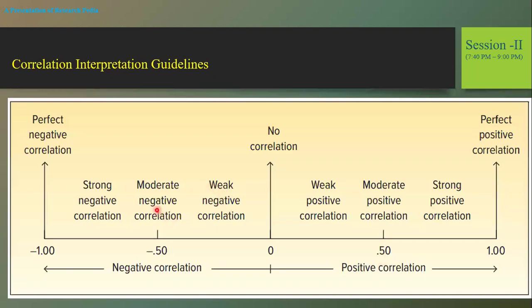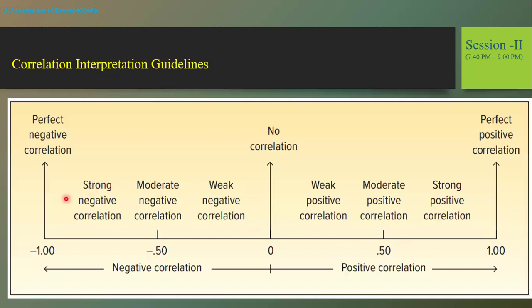If the value is exactly minus 0.50, it becomes a moderate negative correlation. Similarly, if we find a value between 0.50 and 1.00, it would be considered a strong positive correlation. And if we find a value equal to 1.00, it will be a perfect positive correlation.